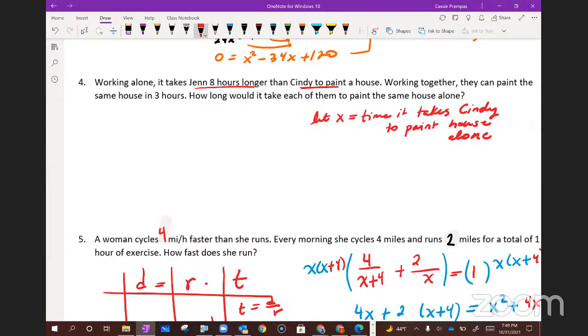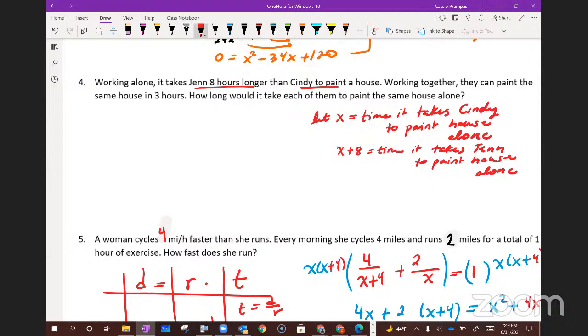And then Jen would be x plus 8, because it takes Jen 8 hours longer.